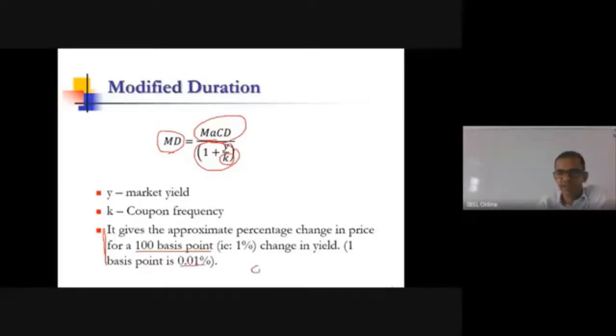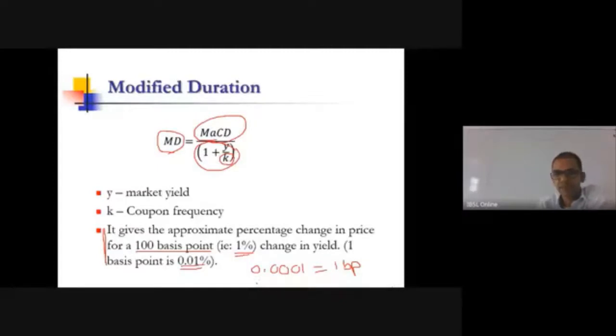If we make it a decimal, it is 0.0001. This equals 1 basis point in decimal, but as a percentage, it's 0.01. Therefore, 100 basis points means 1%.